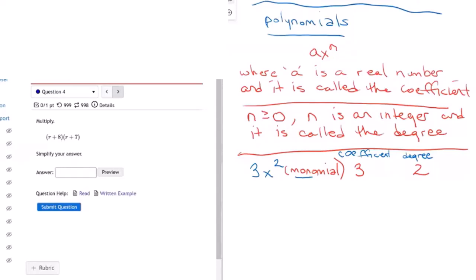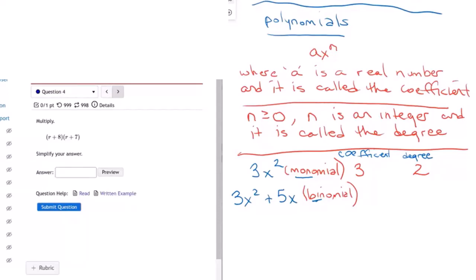If I have 3x squared plus 5x, this is called a binomial. Notice we have 2 terms, and bi means 2, like a bicycle, 2 wheels. Now here we have 2 coefficients.